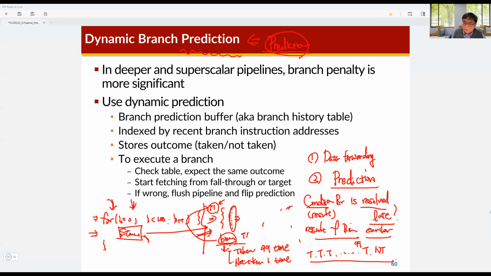Okay. So what can we observe? For this type of the branch instruction, if the branch instruction is taken, then we can predict that the next result of this same branch instruction can be taken with high probability.